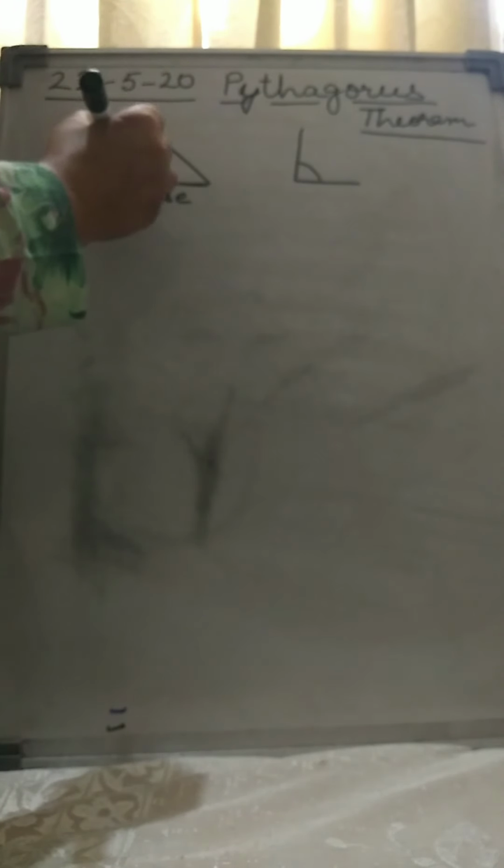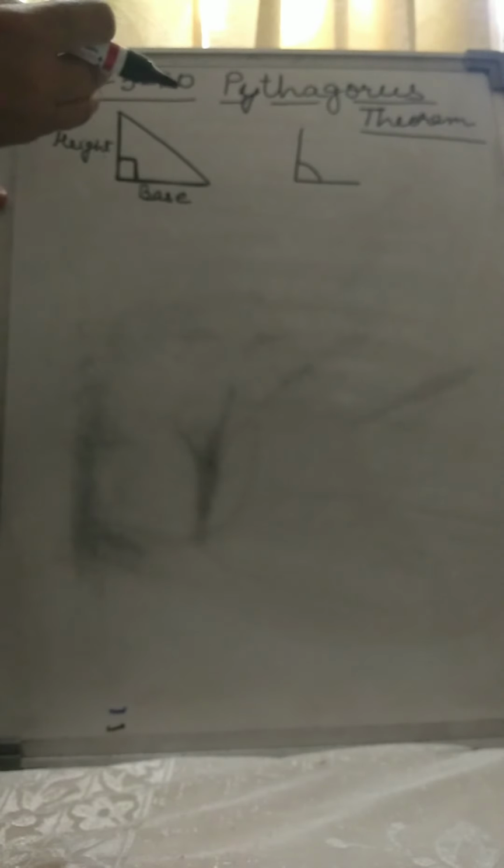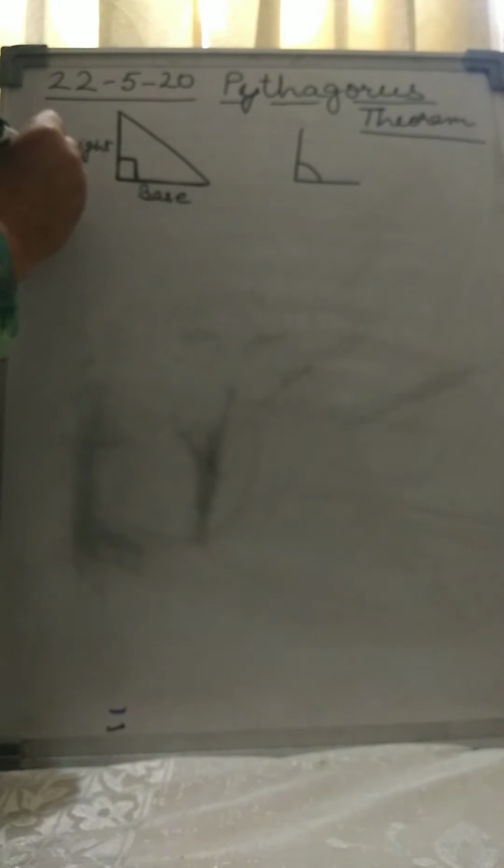It is called altitude also. And when you draw the perpendicular, that line also makes a 90 degree angle with the line, so it is also called the perpendicular. So there are three names, or we can say synonyms: height, altitude and perpendicular. They are one and the same thing.